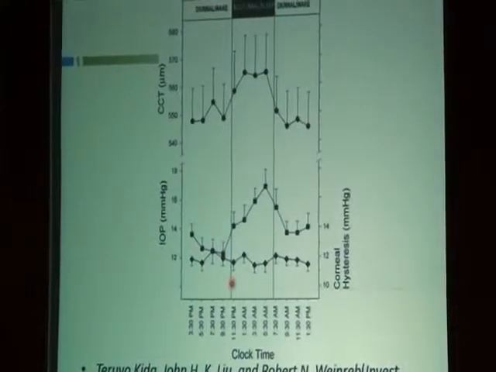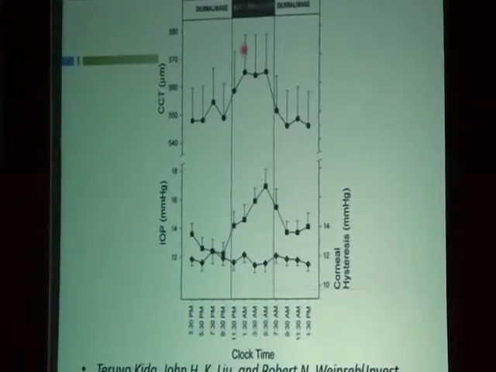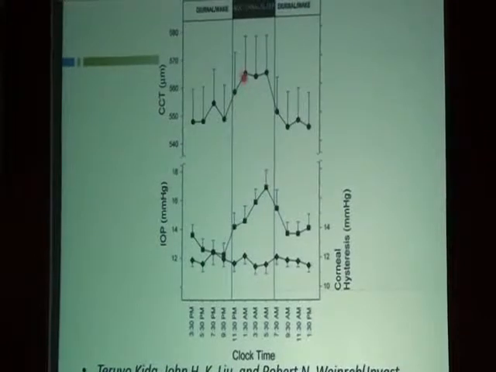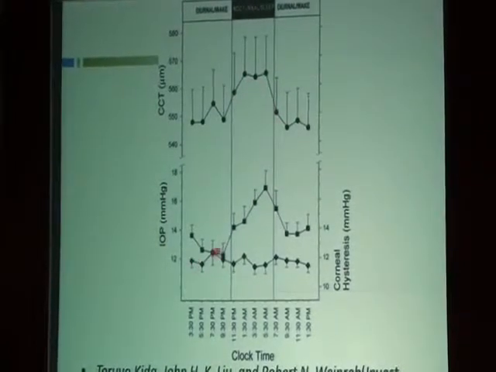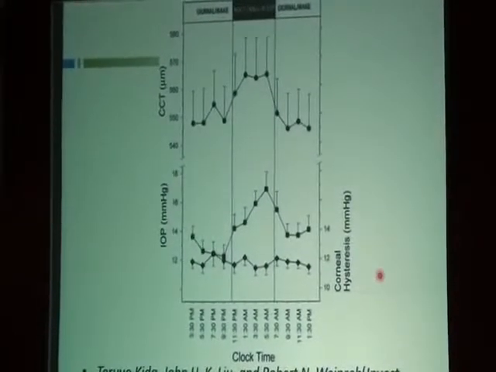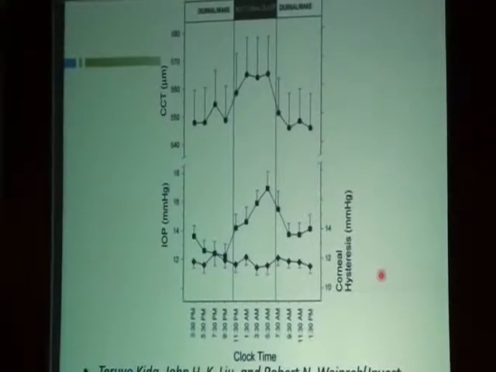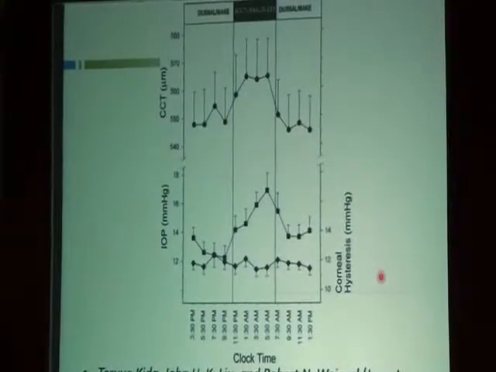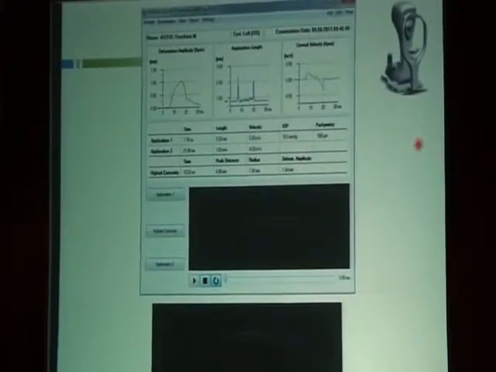Here you can see the diurnal fluctuation and nocturnal spike of intraocular pressure, and along with that there is a change in the CCT also, but the corneal hysteresis remains almost flat. That means the change in the biomechanics of the eye does not contribute to the IOP fluctuation. That is another piece of information which we can get.